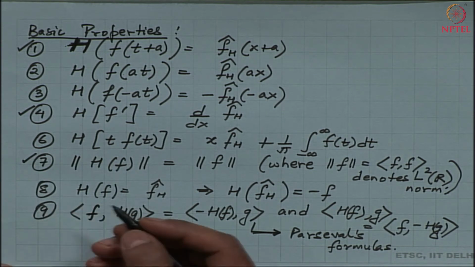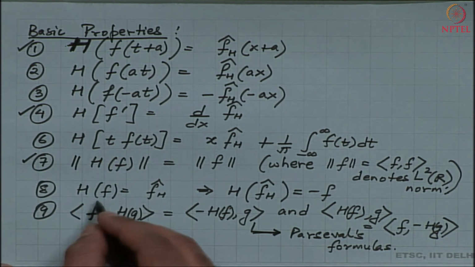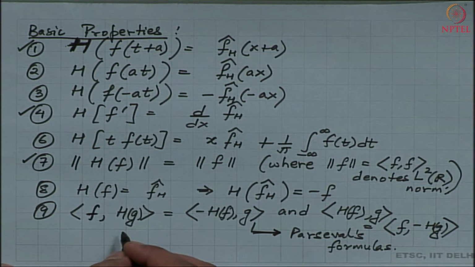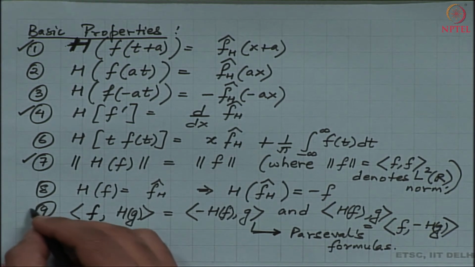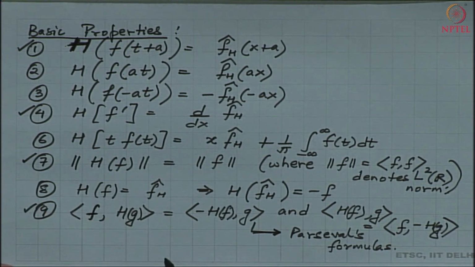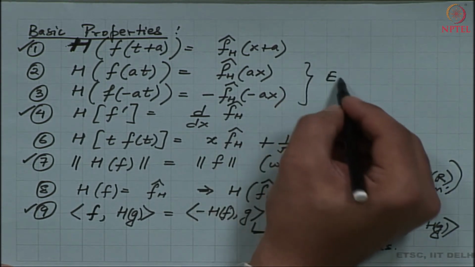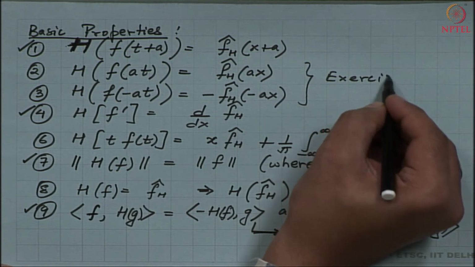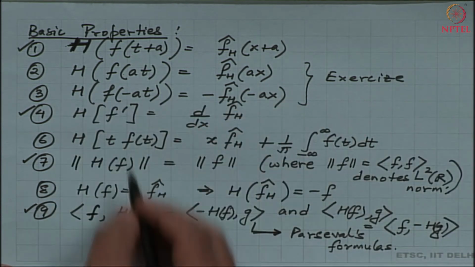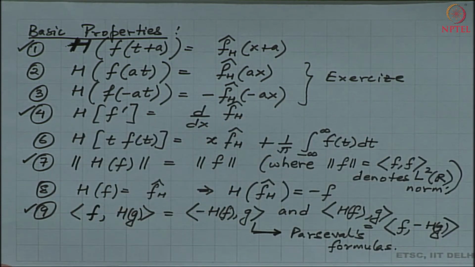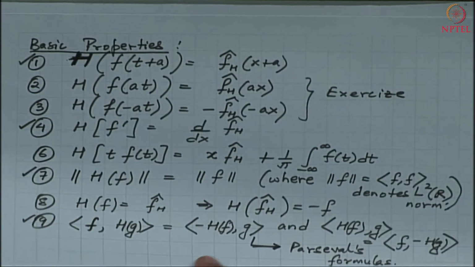The eighth one I have already shown, and I can show the ninth one right away. For the others, I leave it as an exercise. Students should definitely try this at home to derive all these properties. So, let me show you some of the selected ones, how we get to the result.